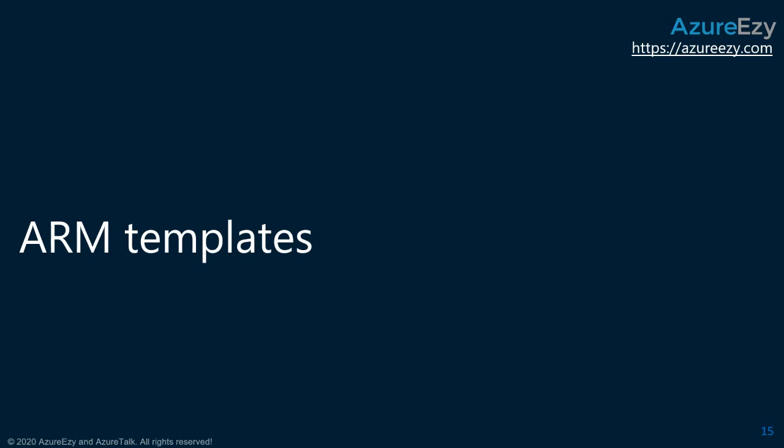Now, talking about the next topic, which is ARM template. So far, we have discussed the various things you need to take care of when you create your VM, whether in terms of configuration of the VM, such as size, operating system, naming convention, high availability, or in terms of a different aspect, which is networking-specific things.